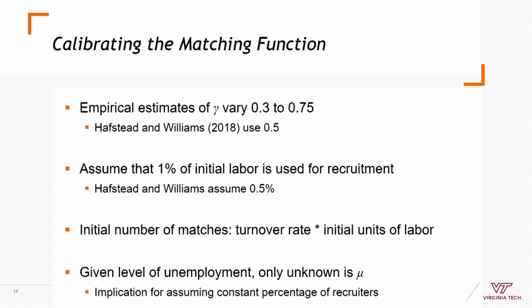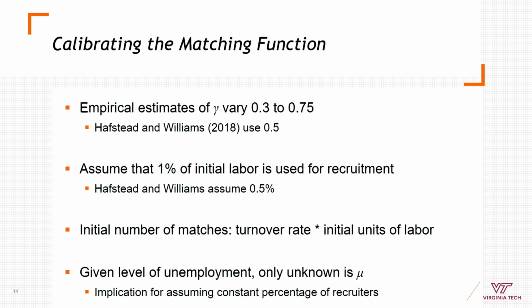The initial number of matches comes from the turnover data: a turnover rate times the initial units of labor from the GTAP database. The only thing I don't know in the matching function is mu, the matching efficiency parameter. If I assume each sector uses 1% of its labor to match, then a big turnover rate means mu is much bigger.